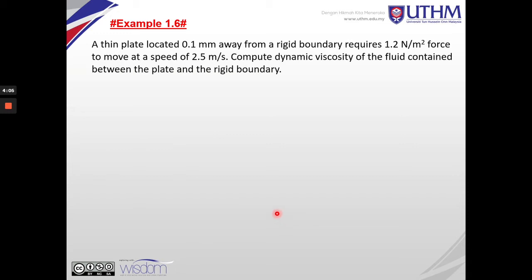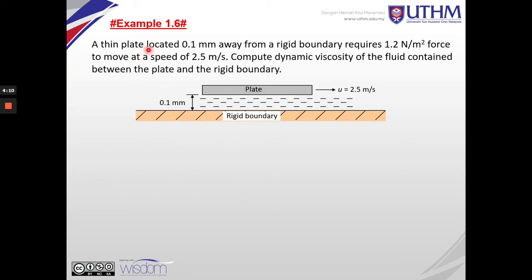So we look at the other example, 1.6. A thin plate located 0.1 mm away from a rigid boundary requires 1.2 Newton per meter squared force to move at a speed of 2.5 meter per second. So we have the plate here and the rigid boundary here.